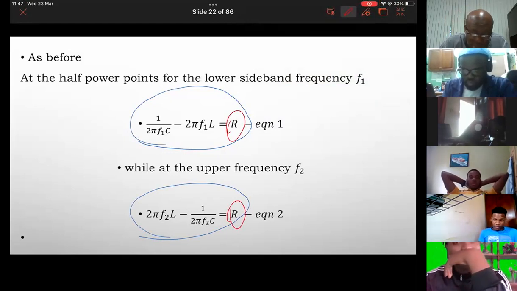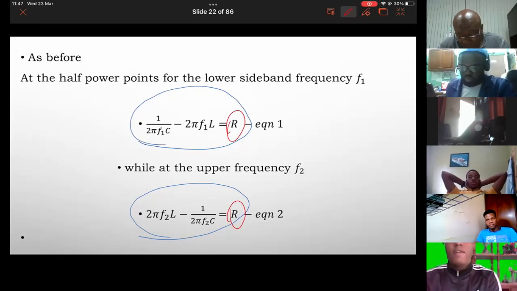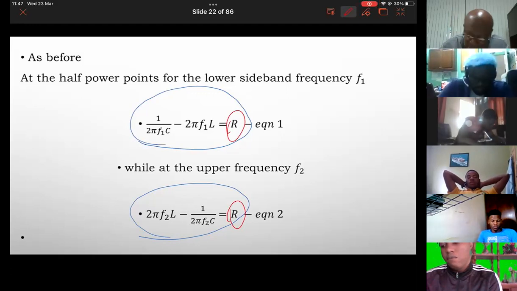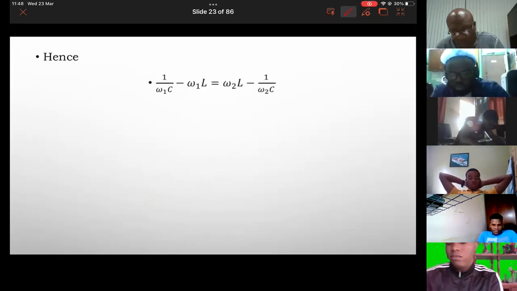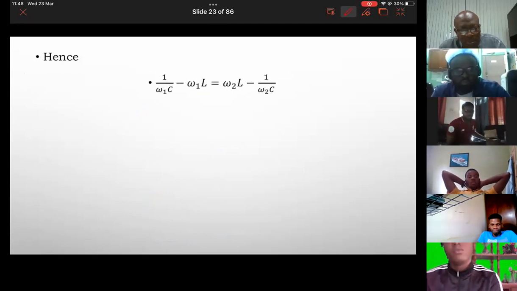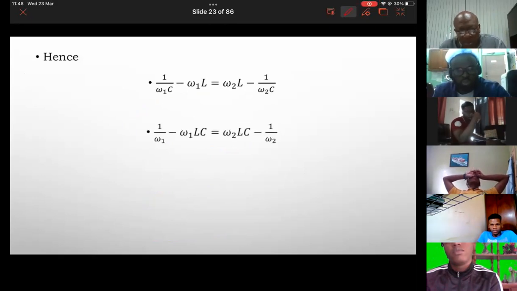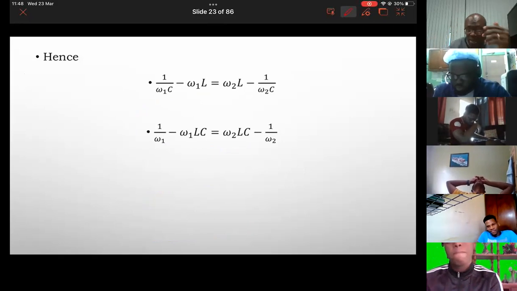So 1 over omega 1 C minus 2 pi F1 L, that's equal to R. And 2 pi F2 L minus 1 over 2 pi F2 C is also equal to R. So we make them equal. We can clean it up a bit. We multiply it through by C. Now, one of the things we did not highlight, well, I'll show you here.